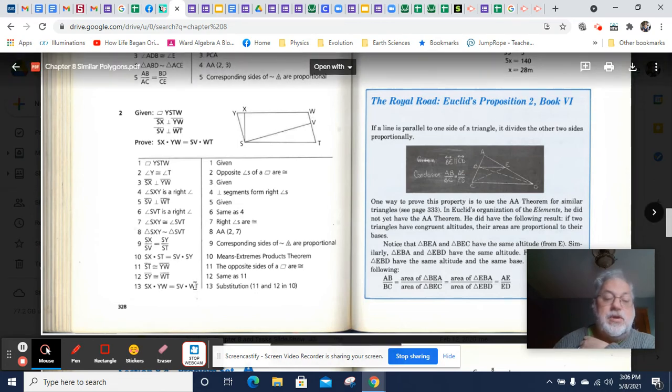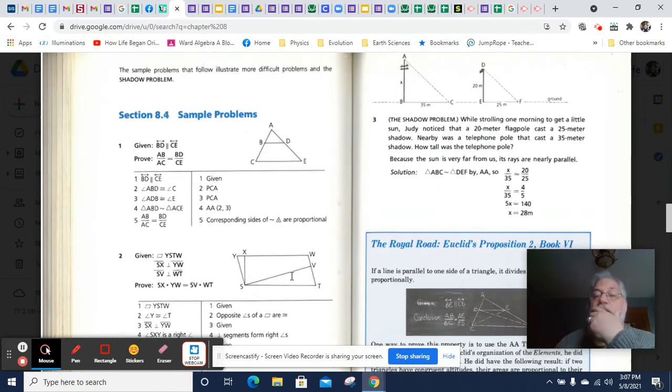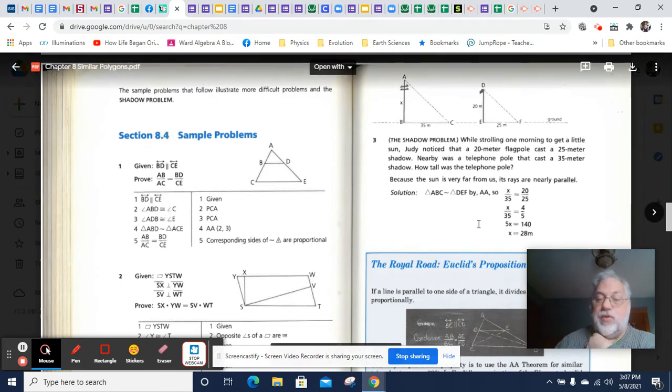So WT and SY are interchangeable because they're the same in measure, and YW can be exchanged for ST. And so we can substitute those congruent sides in for ST and SY, and we end up with SX times YW equals SV times WT.